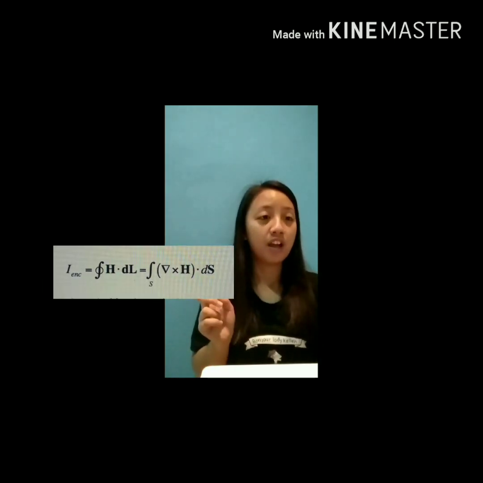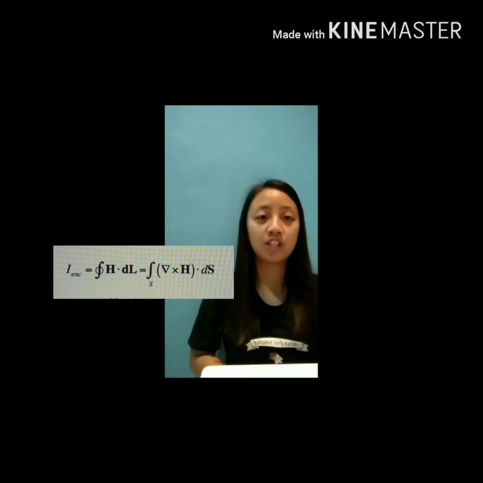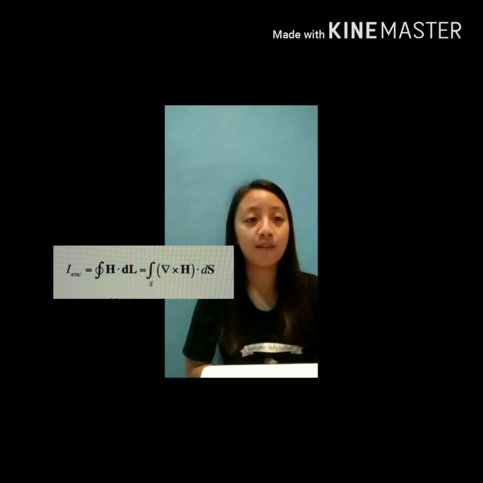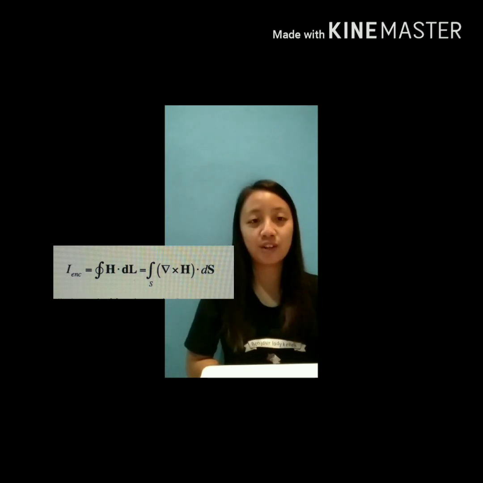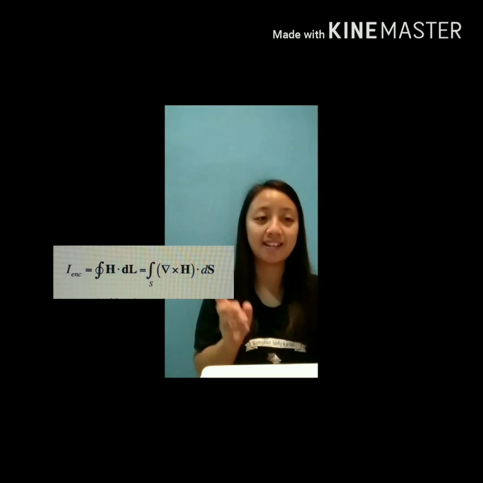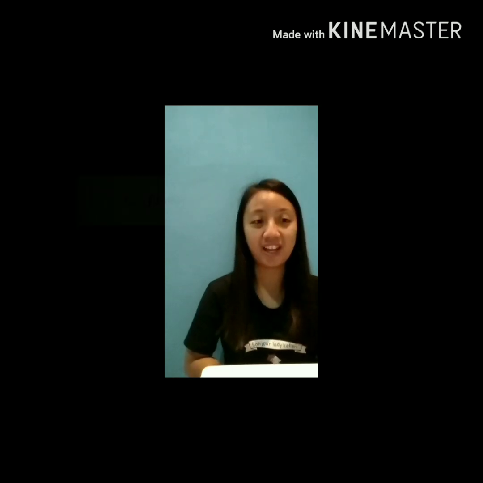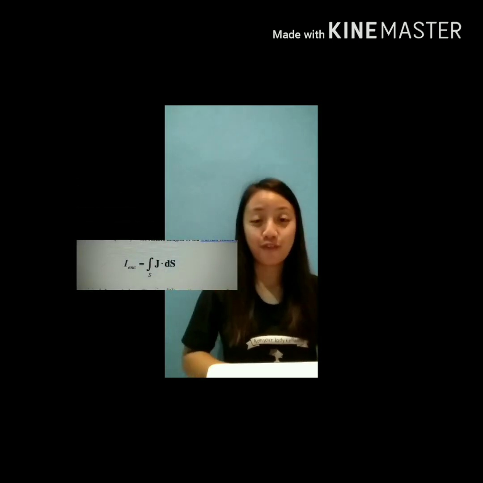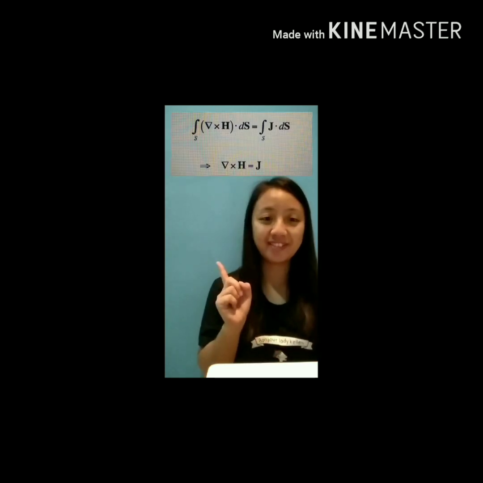On the right side of the equation, we use Stokes' theorem to change a line integral around the closed loop into a curl of the same field through a surface enclosed by the loop, which is S. So we can write the total current I as a surface integral of the current density J. Then from the two equations that I mentioned before, we can substitute them together and get a new form for Ampere's law.